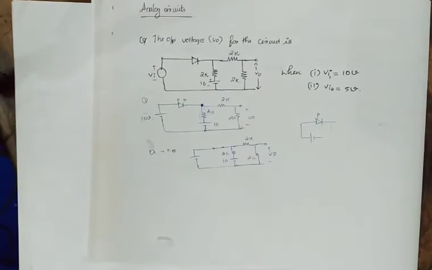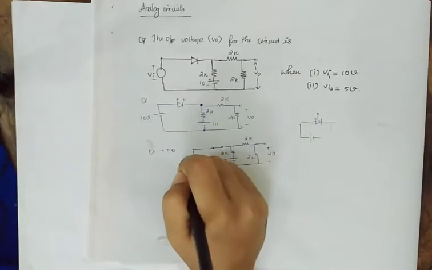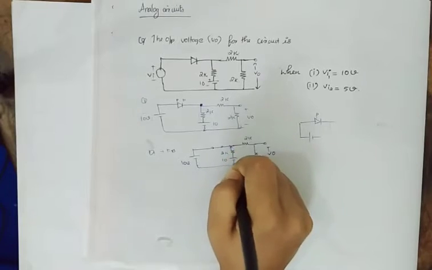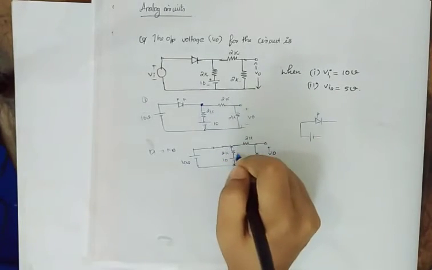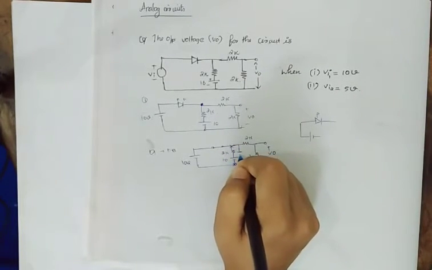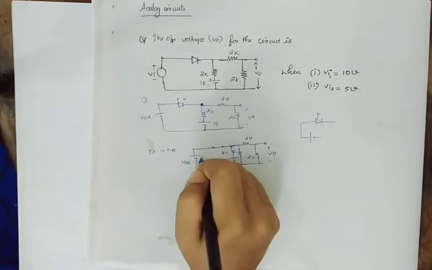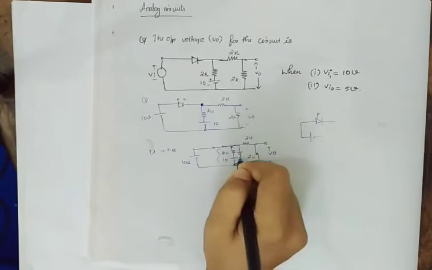Okay, so the voltage drop, these two are parallel, right? So the voltage drop across this will be 10 volt itself. These two are parallel, 10 volt, 10 volt.